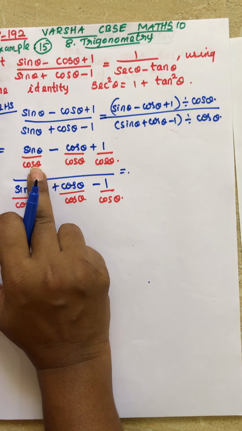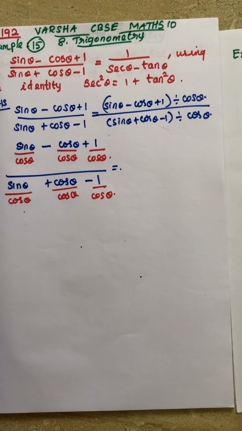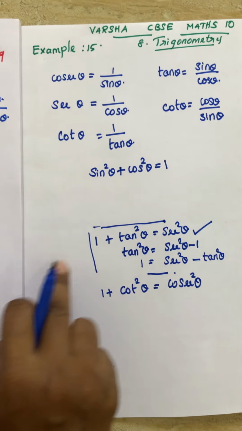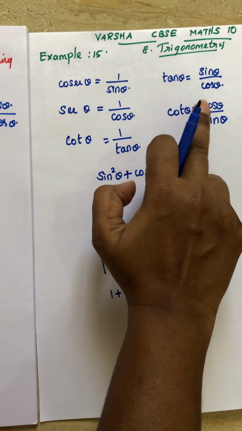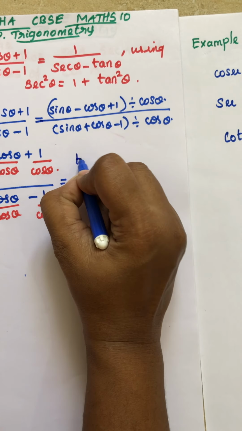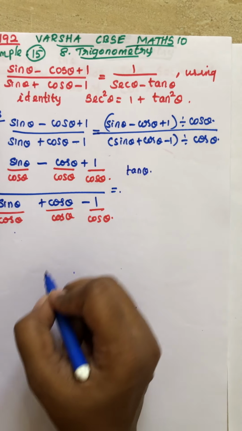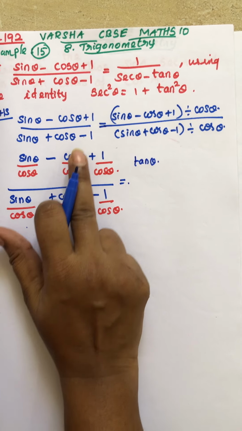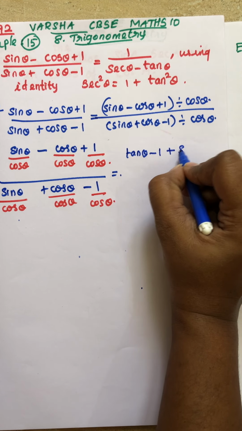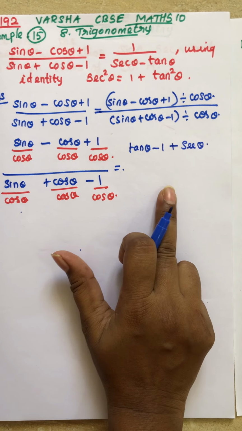Sin by cos, what is our formula, students? Sin by cos is tan. So for sin by cos you can write tan theta. Then cos cancels, so you get minus 1, and plus 1 by cos, which is secant theta.